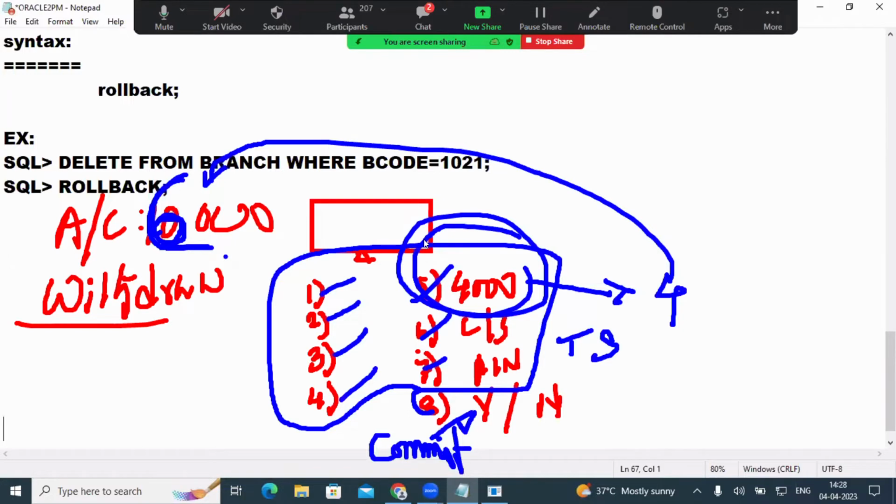Now tell me, in this example, how many transactions were performed by the user? Only one transaction, or 8 transactions? One transaction.